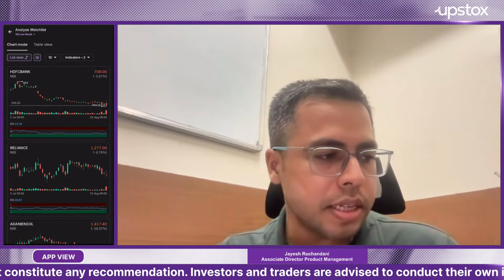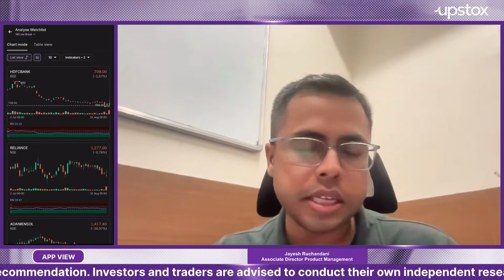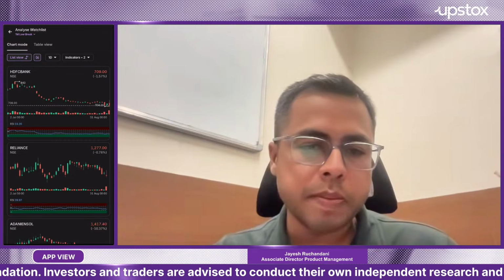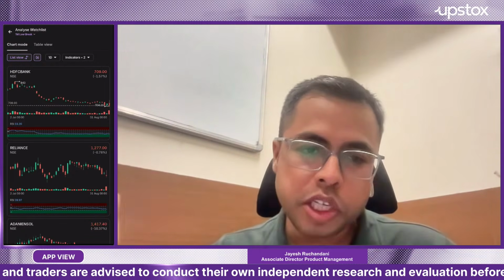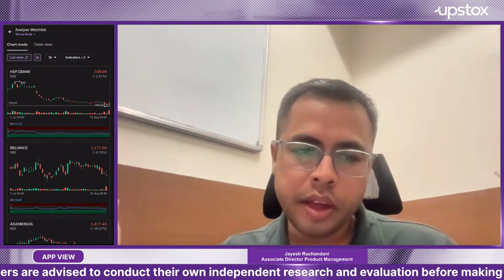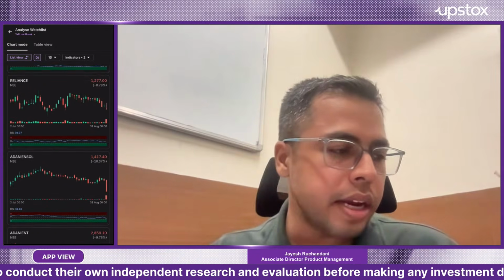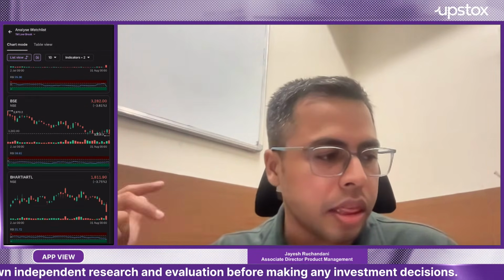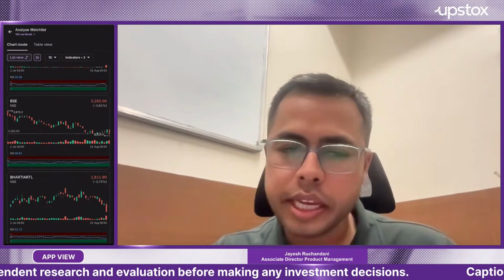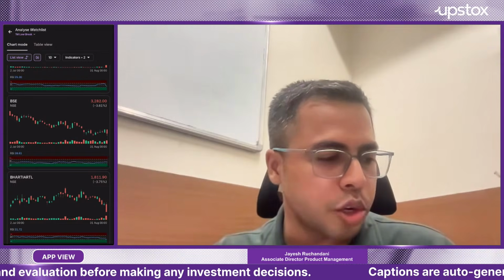If you see, the high of this is 843, which becomes the resistance for the stock, and the low is 704 rupees, which is also the support of the stock in the last 2 month date range. Let me go to some other stock and click here. 3970 is the resistance, and 3216 is the support of this stock.